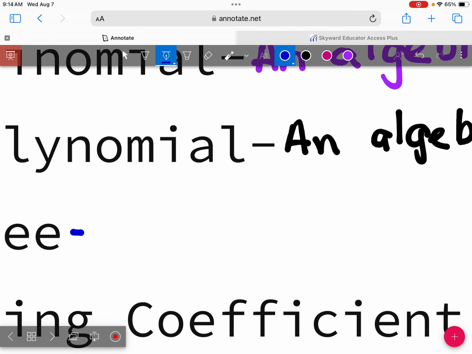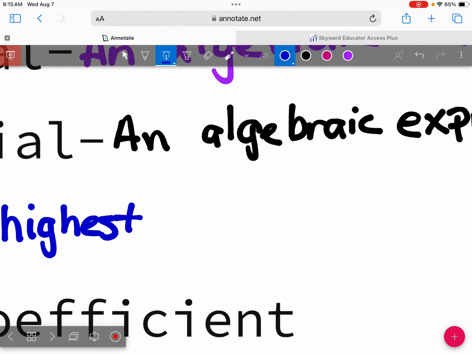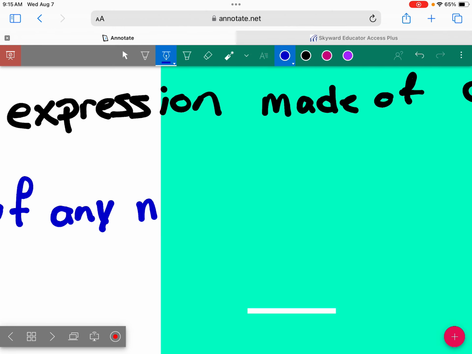Our degree is the highest exponent of any monomial in the polynomial. And this is the last time we write it.